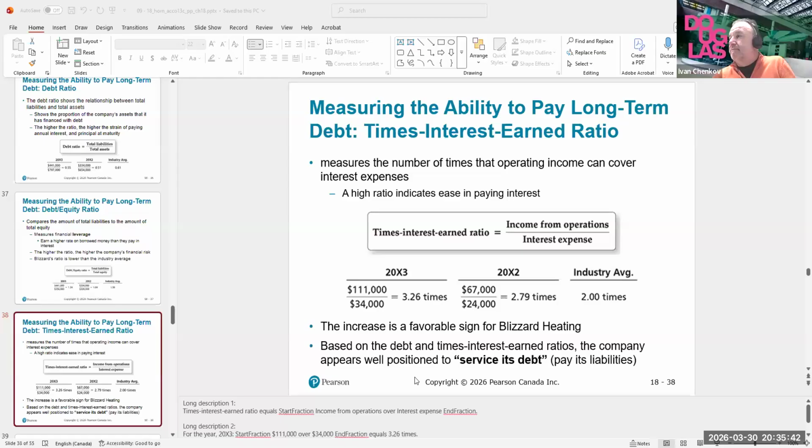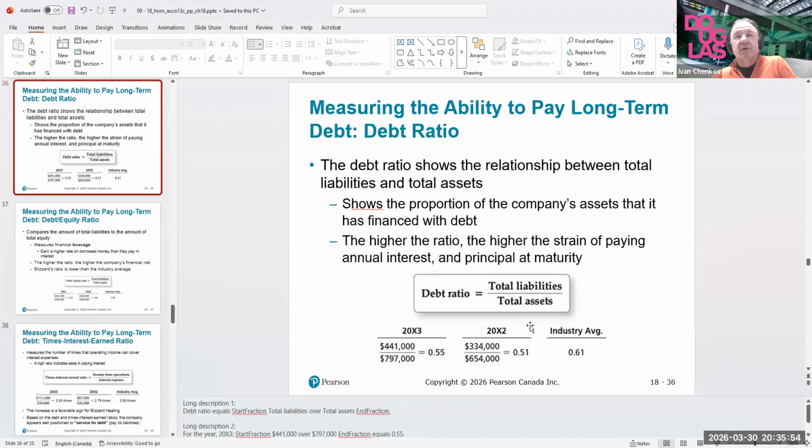But again, play with the numbers. I really want you to start playing with the numbers and understand all those very complex financial decisions by playing with simple numbers, so you can understand how it's possible that adding more debt can be good for my company.